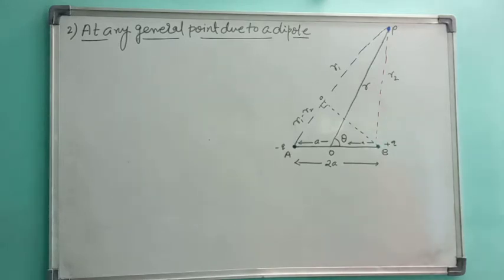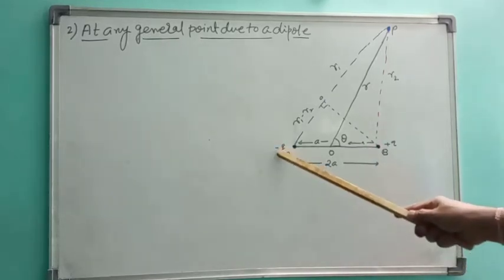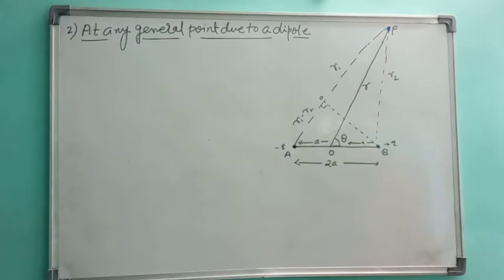Now first point: we consider an electrical dipole consisting of two point charges, minus q and plus q, separated by distance 2a, as shown in the figure.